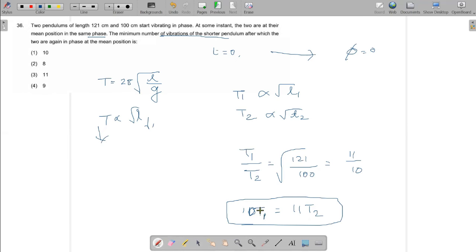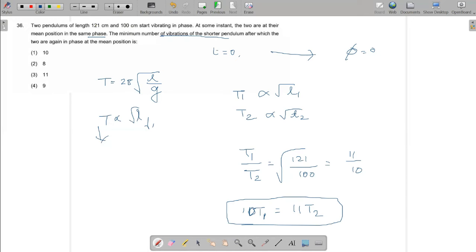So in 10 T1, this pendulum will oscillate 11 times, the shorter pendulum, and they come in phase. Understand? So at the start, the phase difference of the two is 0. This is 10 T1 time. T2 is the shorter pendulum and T1 is the longer pendulum.